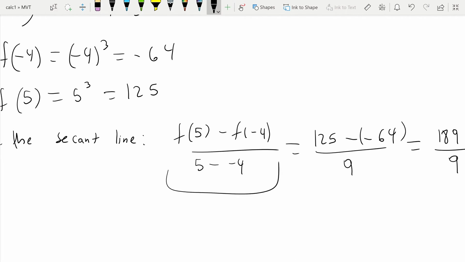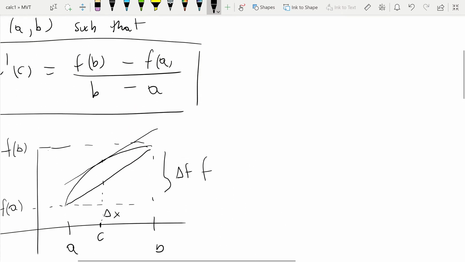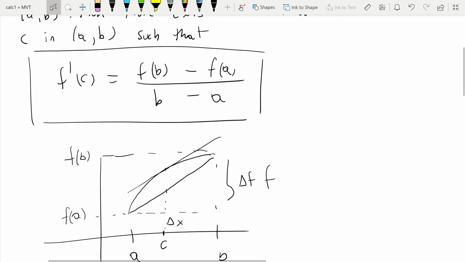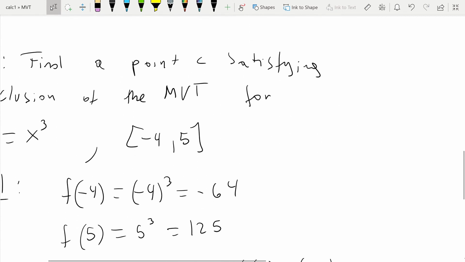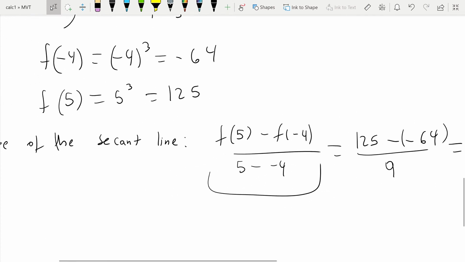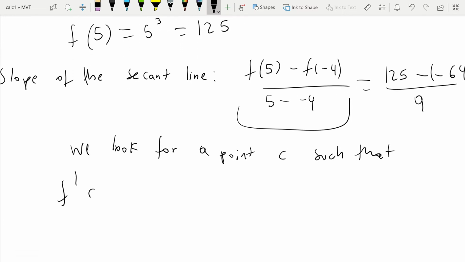This is the slope of the secant line, which we find on the right hand side of the theorem. So we want to find a point c where the derivative is equal to that value, 21 in this case. So we look for a point c such that f prime at c is equal to 21, where c has to be inside of the interval.